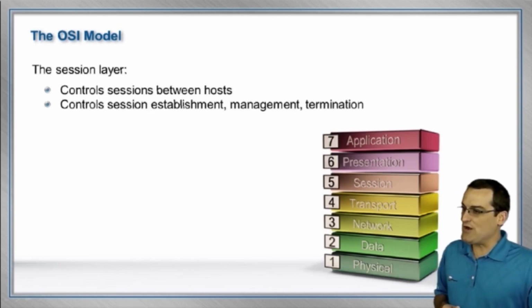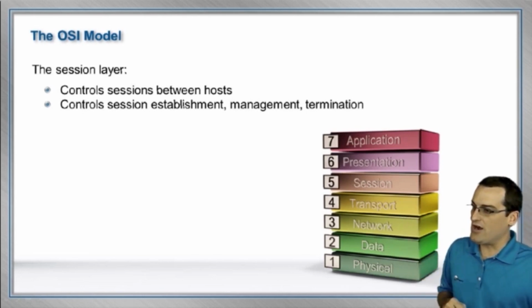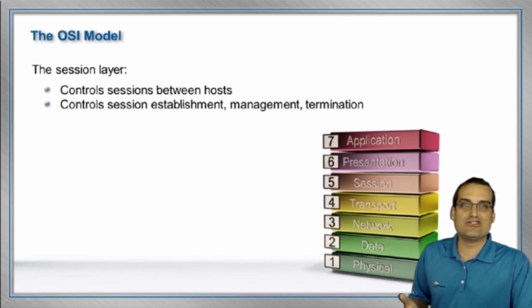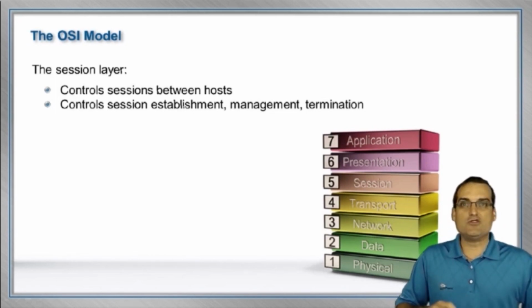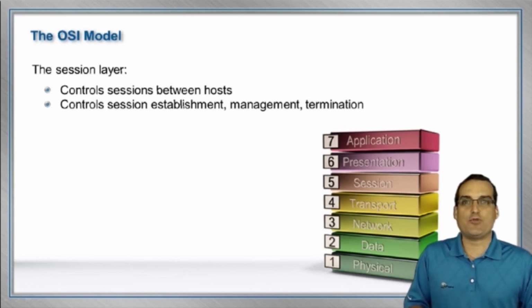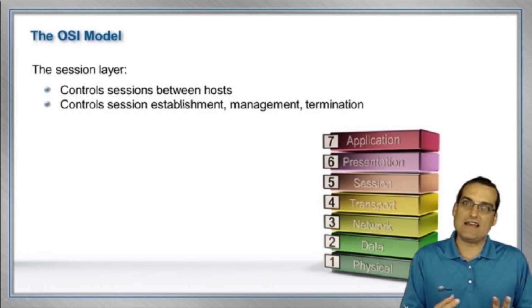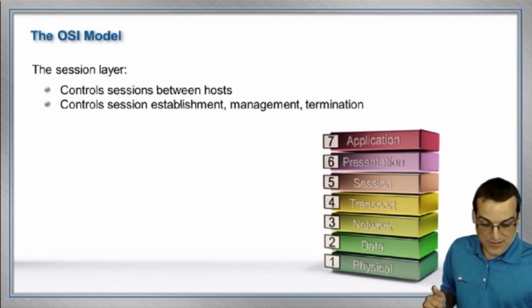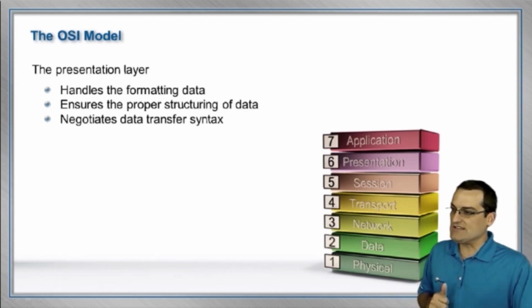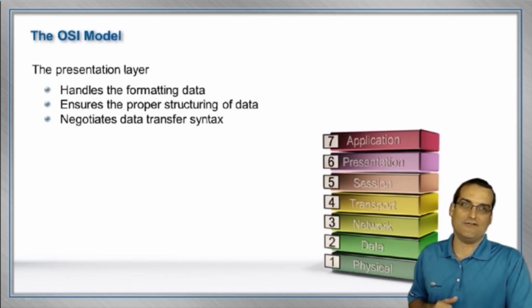As we move up the OSI model, we are at the session layer now, and sure enough, the session layer is going to handle managing the actual establishment, and then the ongoing management and the termination of particular sessions that are set up between network applications, for example. The next layer, the presentation layer, deals with the formatting of data.